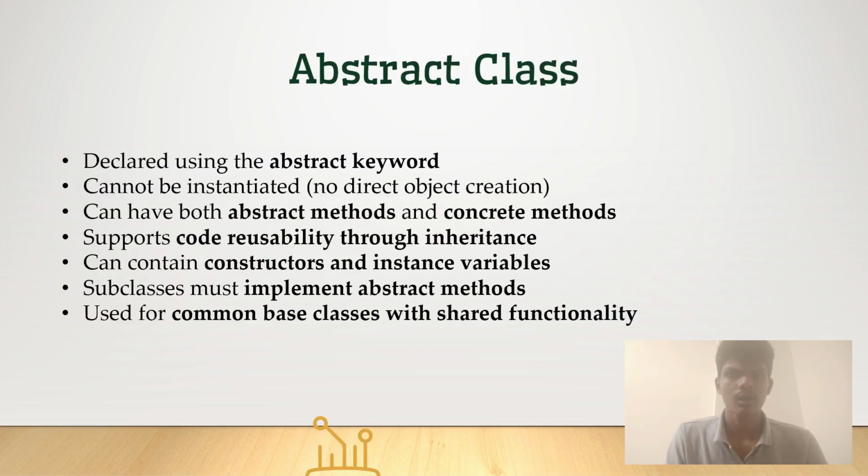Java provides abstraction in two main ways: abstract classes and interfaces. An abstract class gives a base structure with some implemented methods and some unimplemented ones. An interface, on the other hand, is like a strict contract. It only defines what should be done, not how. Think of it like this: abstract class, I will give you some work done and you complete the rest.